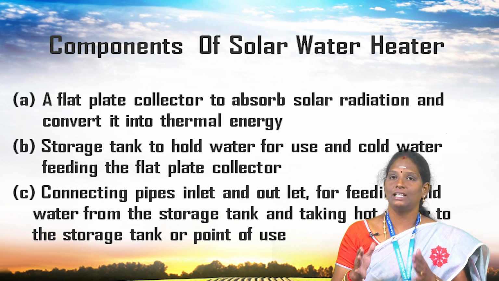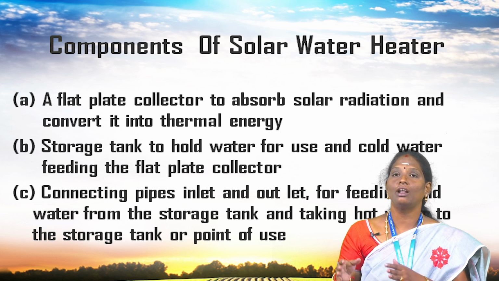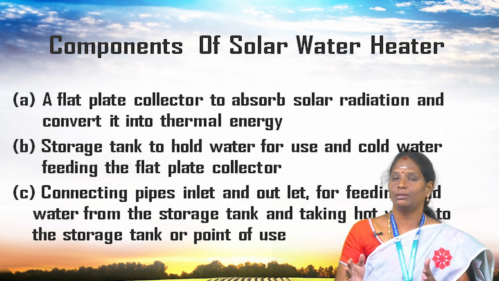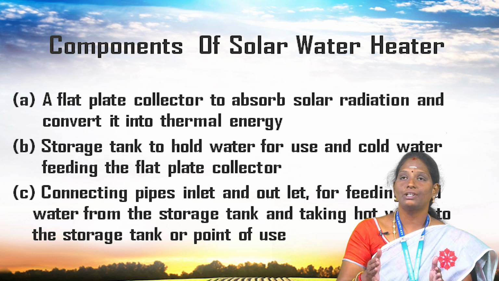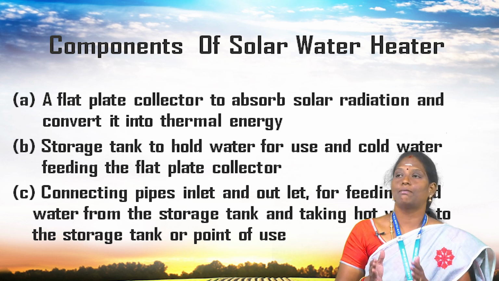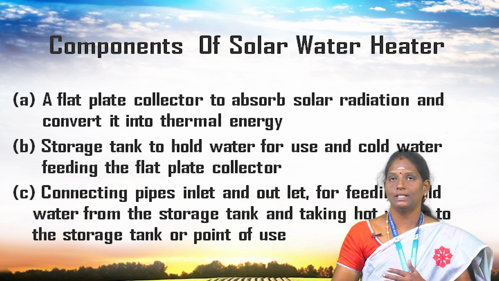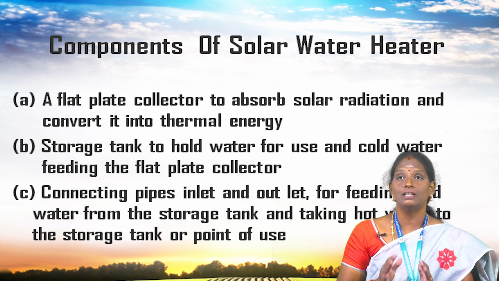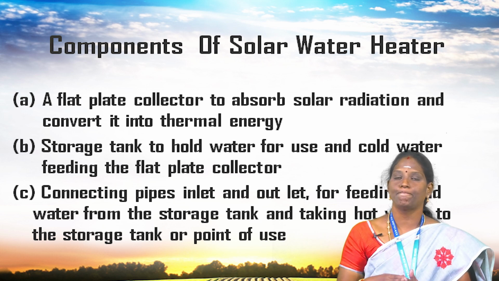An auxiliary heating system is provided for use on cloudy or rainy days. Typically, such systems have capacities ranging from 100 to 200 liters and adequately supply the needs of a family of 4 or 5 persons. The temperature of the hot water delivered ranges from 50 to 70 degrees centigrade.